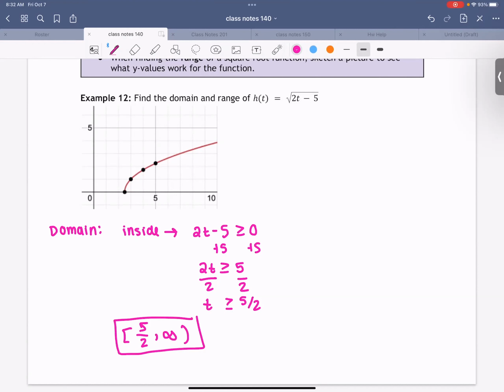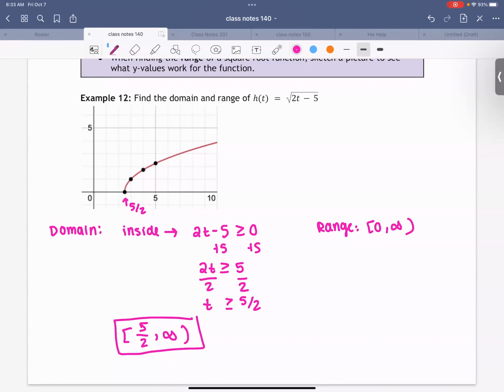So our domain says that any input, or t value in this case, has to be bigger than or equal to 5 over 2. Looking at our graph, that makes sense because the graph starts around 5 over 2. Just for fun, what's the range? Good, 0 to infinity.